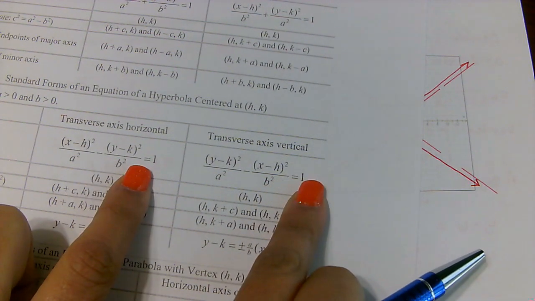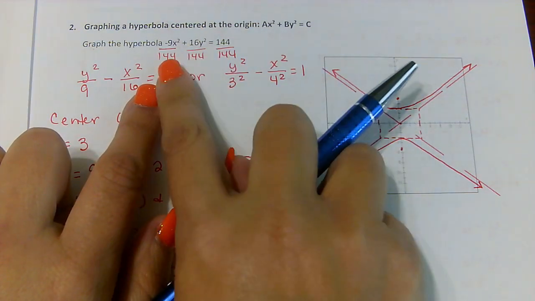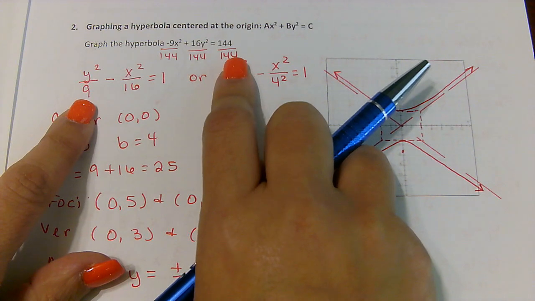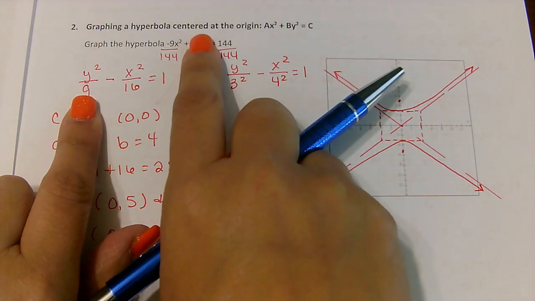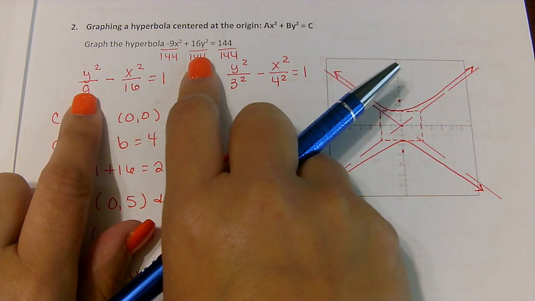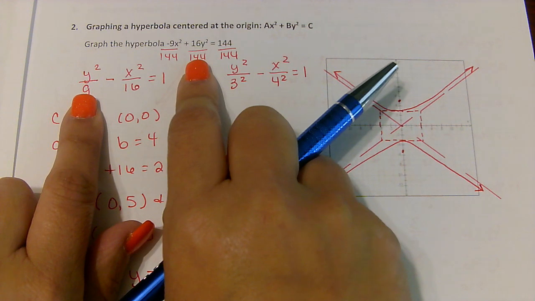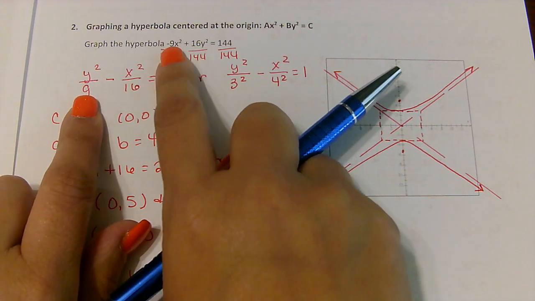Notice that both of these are equal to 1, so we want to make this side equal to 1. So I divided everything by 144. Then what I did over here was rearrange so that my positive term was written first. 16y squared divided by 144 can be reduced to y squared divided by 9.